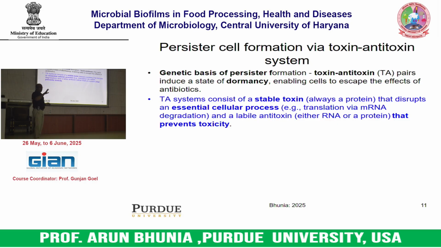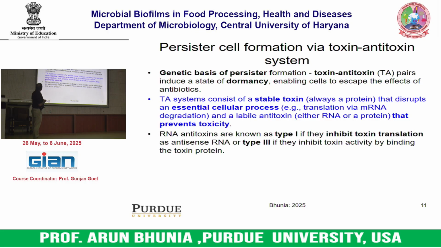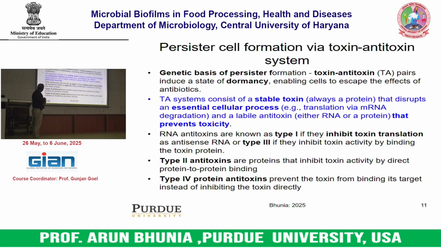You are going to get this slide, so obviously you'll be able to read it up more. And there are different types of inhibition: type 1, type 3, then type 2, and then type 4. These are all called antitoxin-toxin effects, and that's how it mechanistically helps the cells to maintain the persister state.